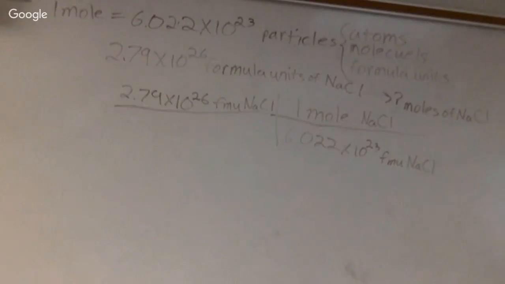Okay, so there's 2 ways to do this. You guys have really fancy calculators, right? So you guys can actually plug in the exponents into your calculator. You can actually write the number in with the exponent and the number with the exponent and hit equals, and it'll give you a number. Typically, they don't give you the number with the exponents on the bottom. They'll just give you a decimal. But the way I like to do it, just because some of us aren't that familiar with it, is on the end here, would you agree with me that FMUs cancel?